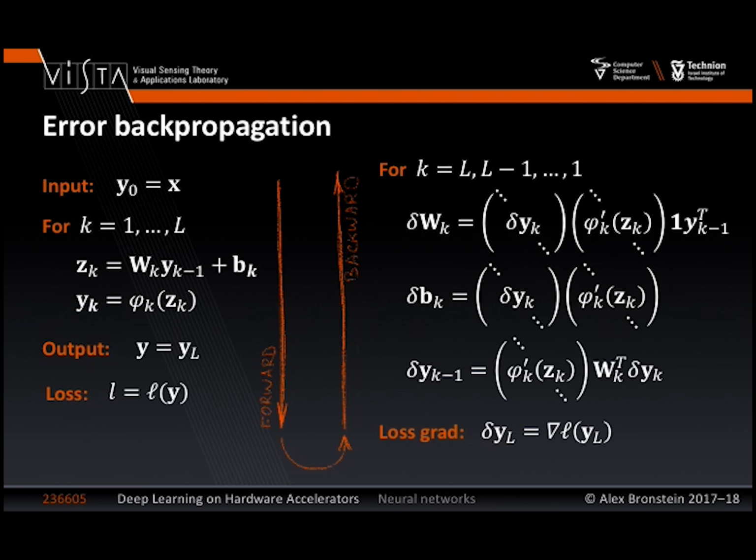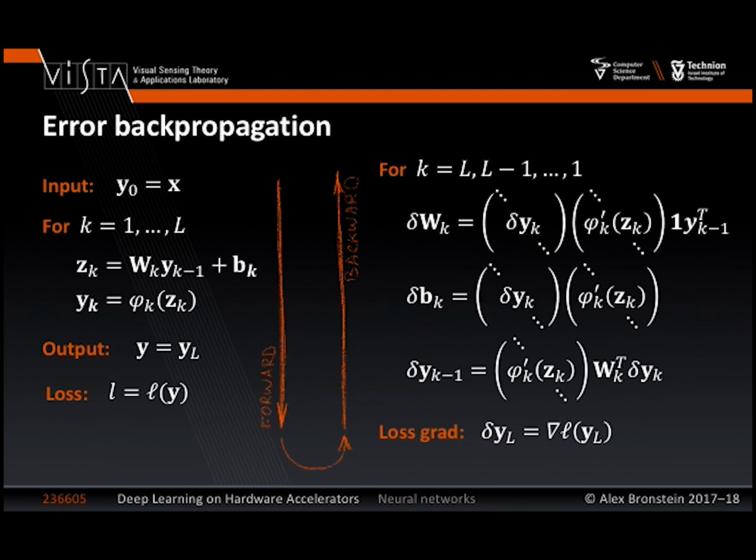So we first do a forward pass in which we start with an input x and feed it forward through the network until we get the output y, which is the output of the last layer. Then we compute the loss, and we do the backward propagation. We compute the gradient of the loss and call it delta YL.